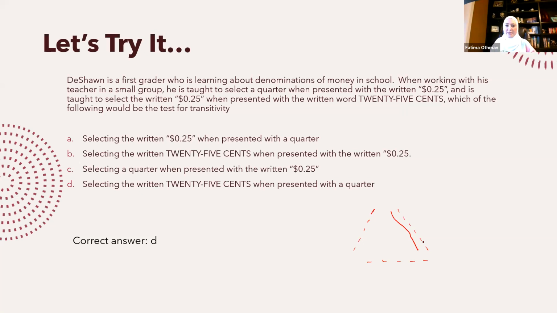So when he's taught to select a quarter when presented with the written 25 cents, you want to put the quarter up here, we can put the quarter up here, and 0.25 down here. Select quarter when you have the stimulus 25 cents. And then he is taught to select the written 0.25 when presented with the written word 25 cents. So let's write our third one right here.